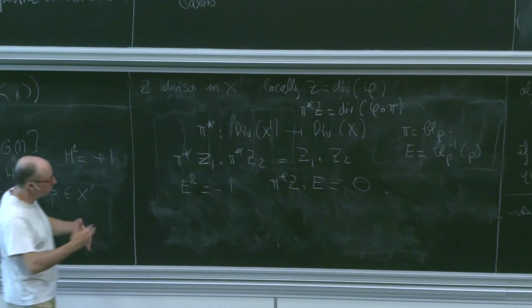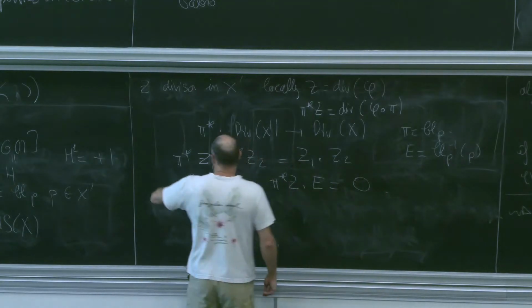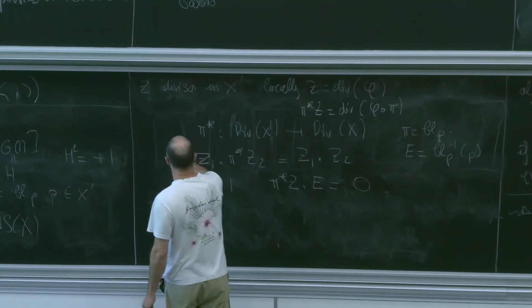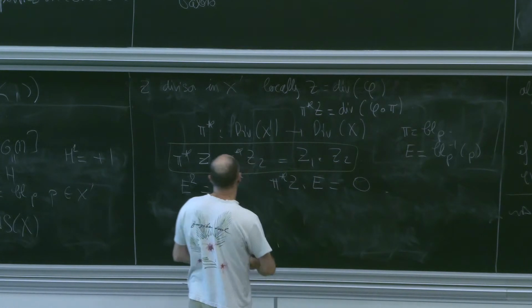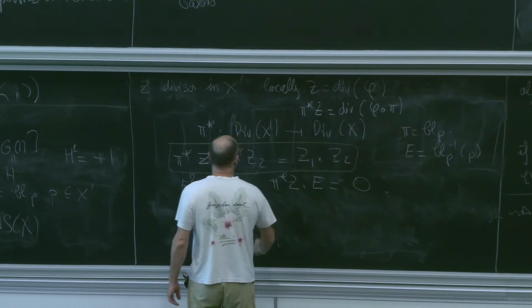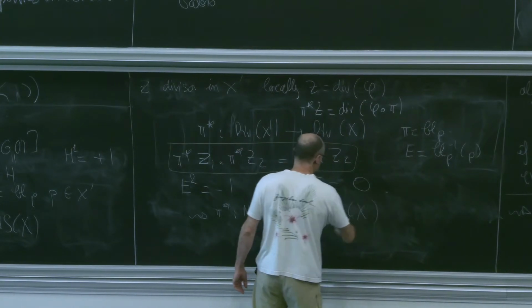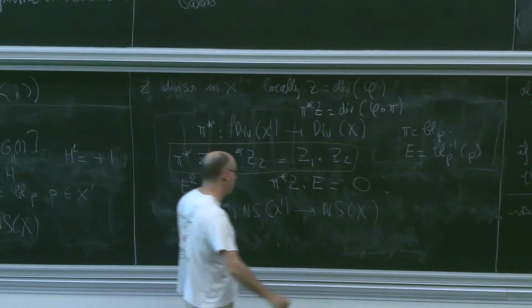I'm going to be a little bit fast here, but because pi is an isometry, it goes down to the quotient. So pi induces a linear map from the Néron-Severi space of X' to the Néron-Severi space of X, and you can check that this is injective.